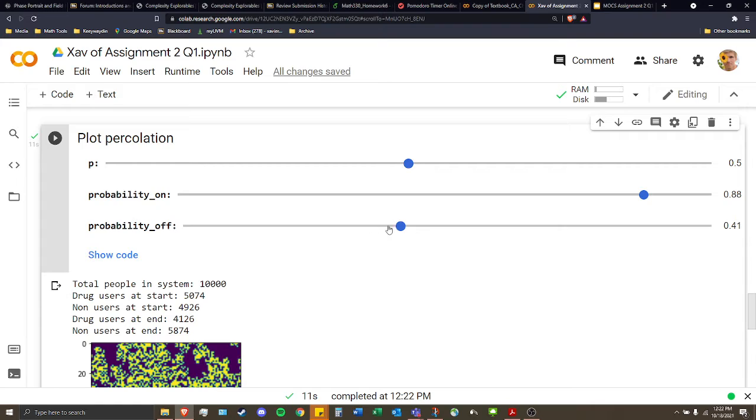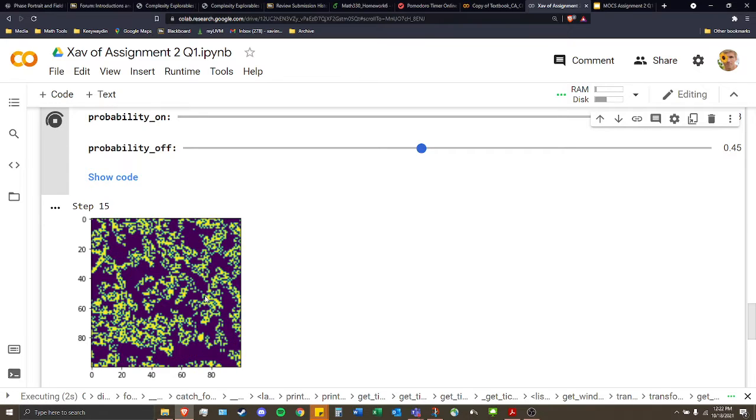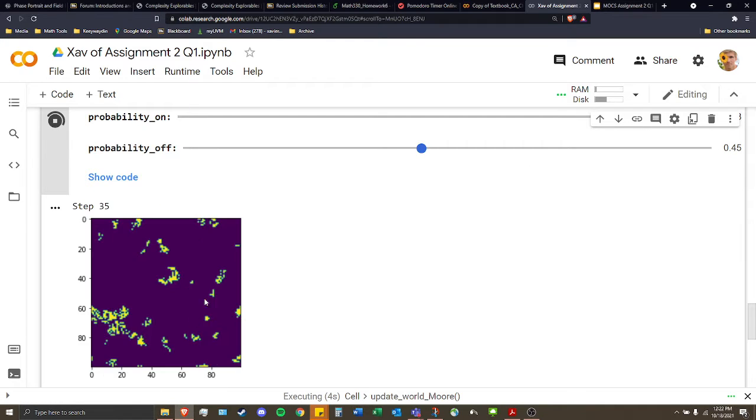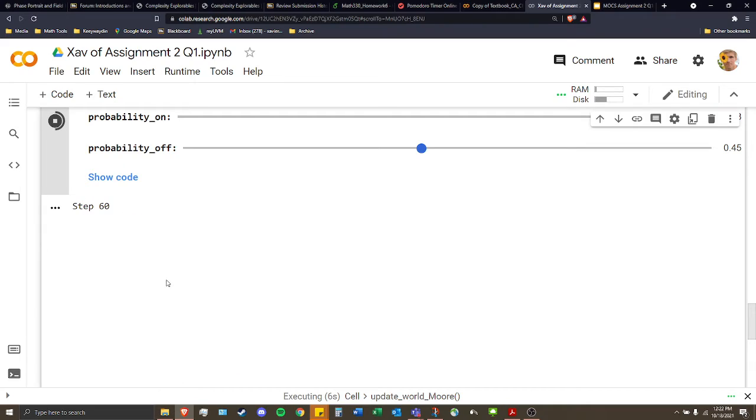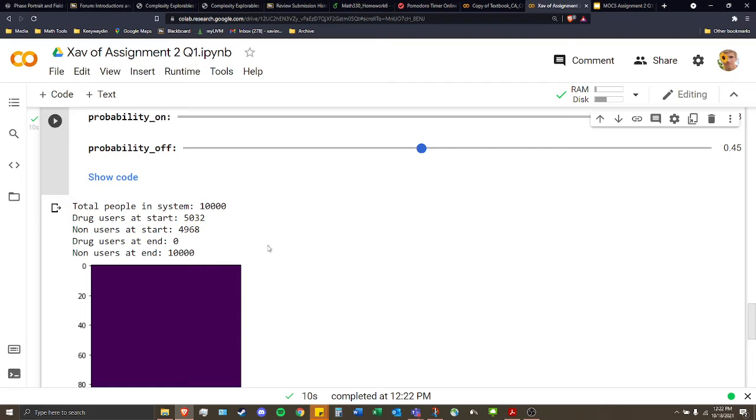It shows that interventions might work, and even if we bump this up even a little bit, you can see that that little bit really affects the system, and we can really start to overtake. So basically about halfway through, no one in the system is using drugs at all. Yeah, right there.